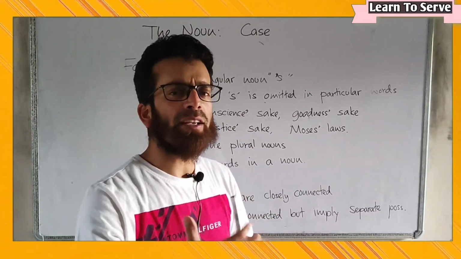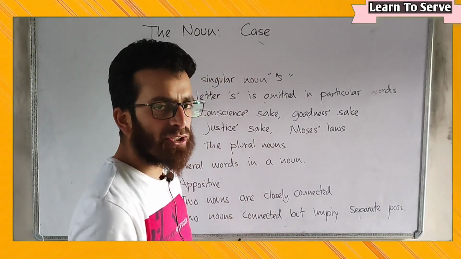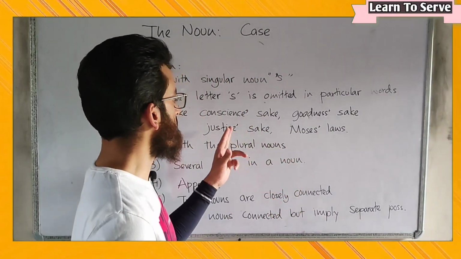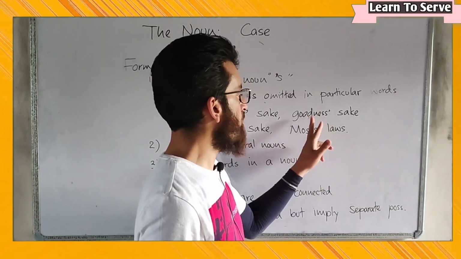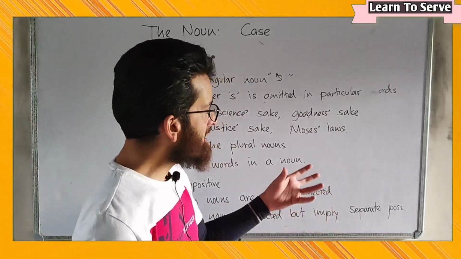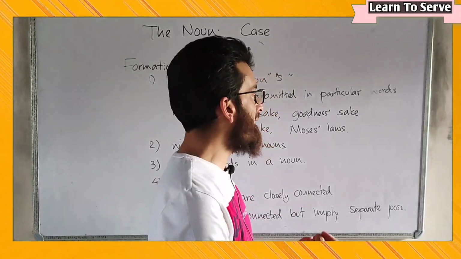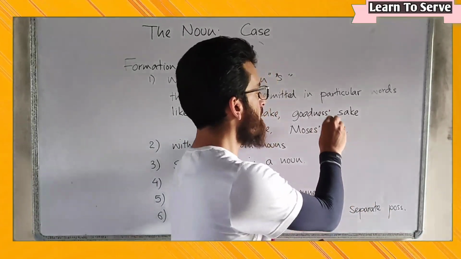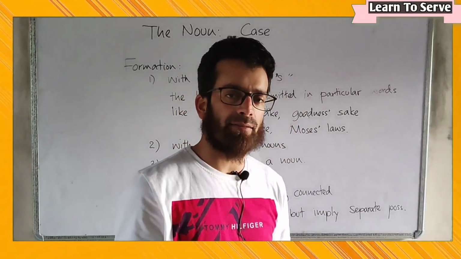When there is a hissing sound of s, you do not need to mention s, you just omit it. Conscience' sake, goodness' sake. Because there is already a double s at the end of goodness, you do not need to write apostrophe s. Just put apostrophe and your job is done. It shows possessive case.